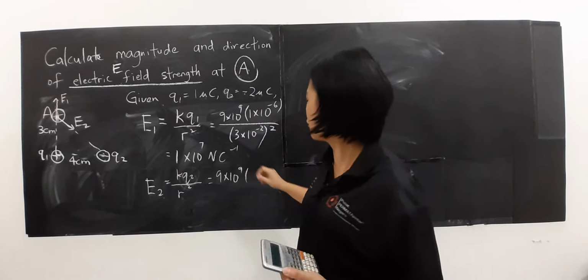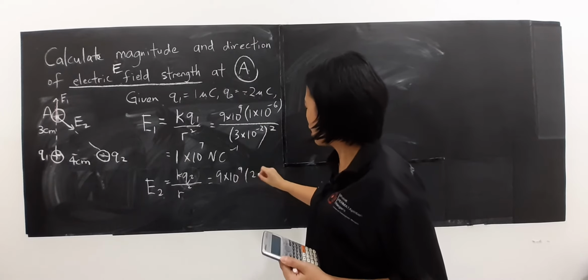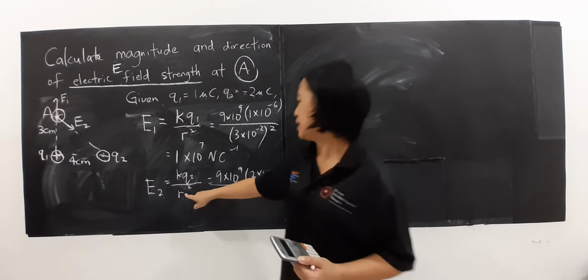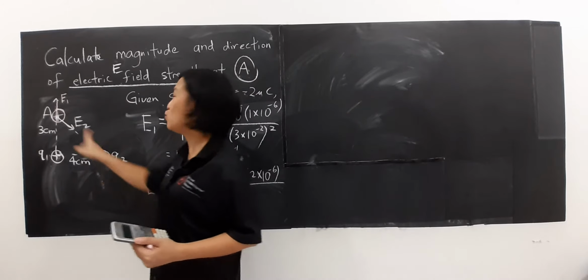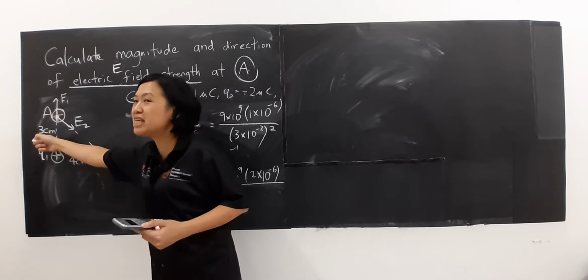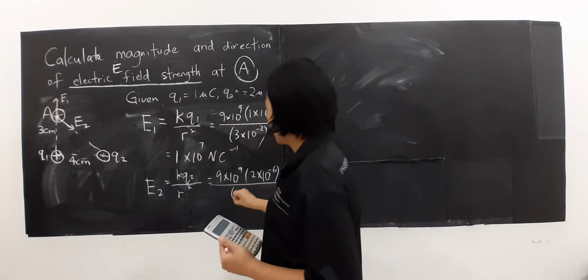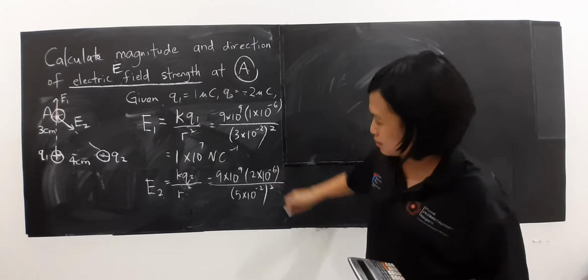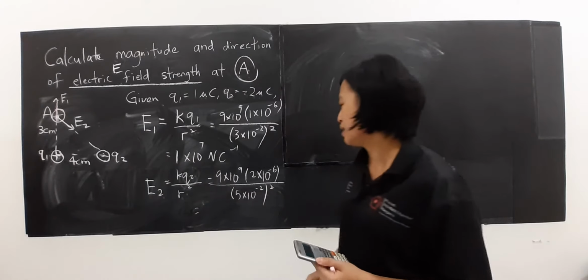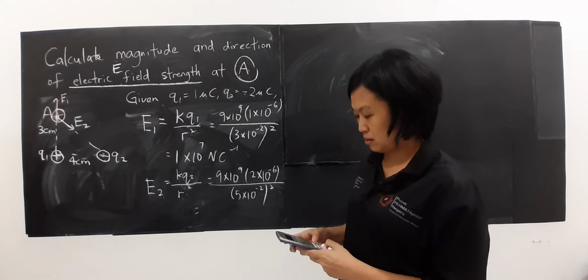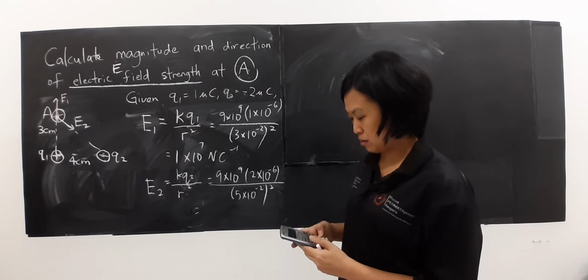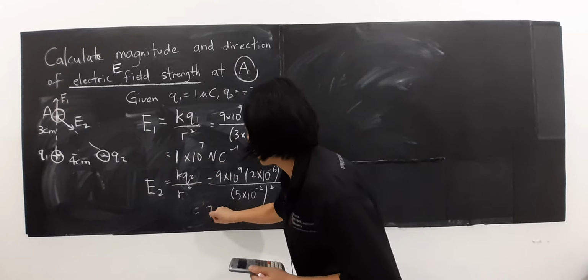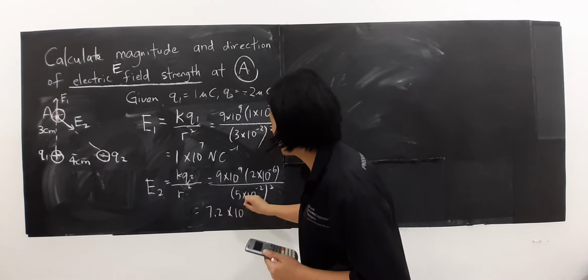For force or electric field strength, the sign of the charge is never substituted in. And the distance between Q2 and point A, the distance between them, this is 3, this is 4, this is 5, right. So I have this. And if you calculate this, what is the answer that you can get? 7.2 power of 6.